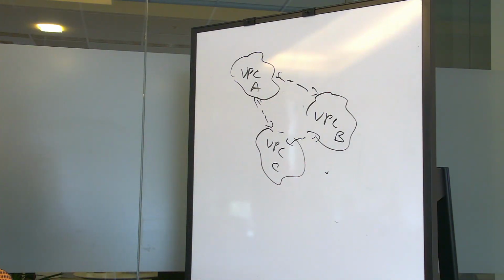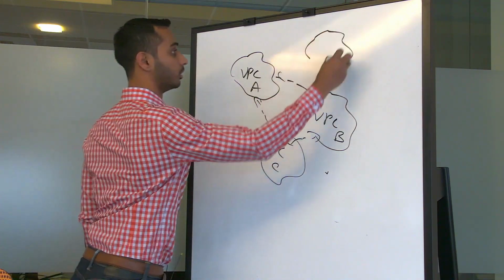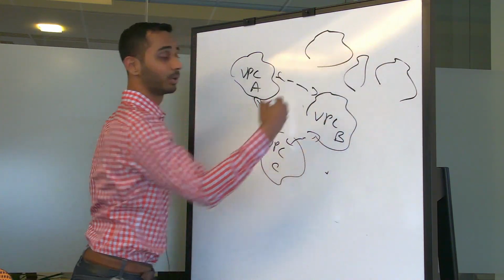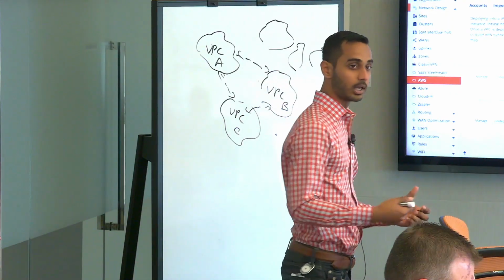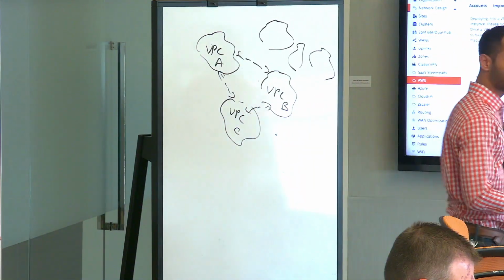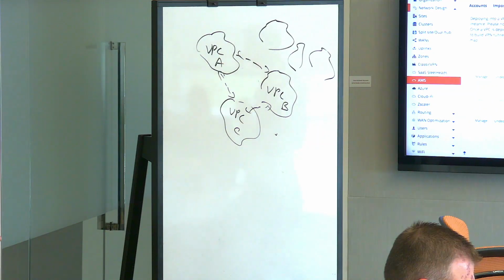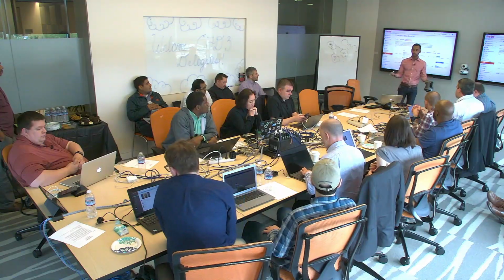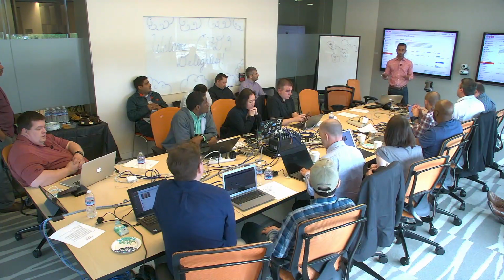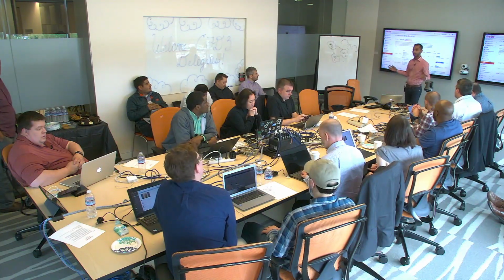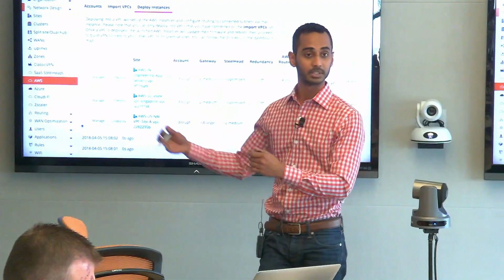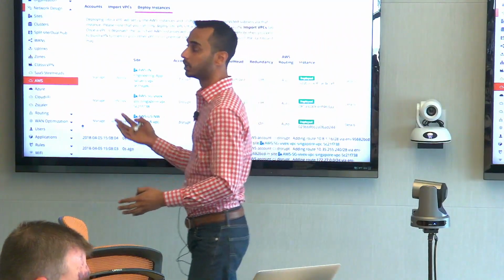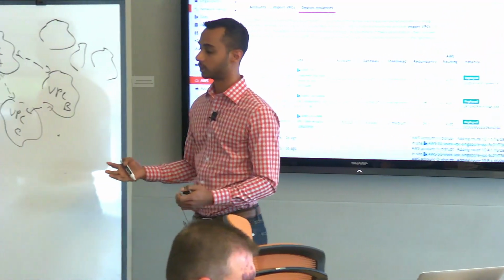The problem is that as you scale, when it becomes D, E, F, you can't keep creating this full mesh of VPCs because A, it's very difficult to manage, and B, you're expanding the security exposure surface for your network. If you have a bunch of application developers, anyone and everyone with a credit card can create a VPC and start developing apps in that, and you want all of these VPCs to talk to each other, it becomes very difficult to manage.